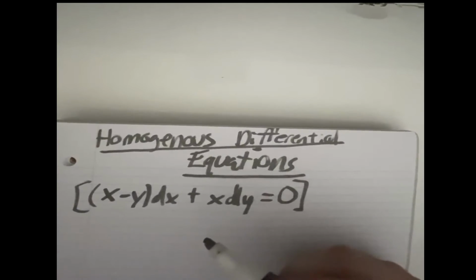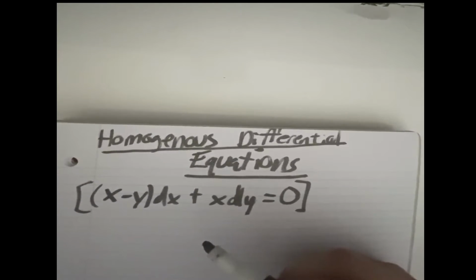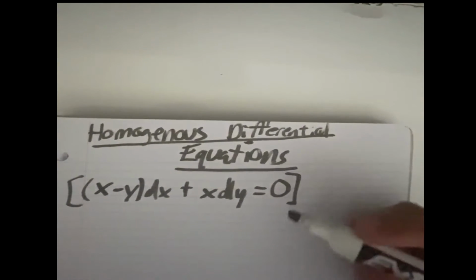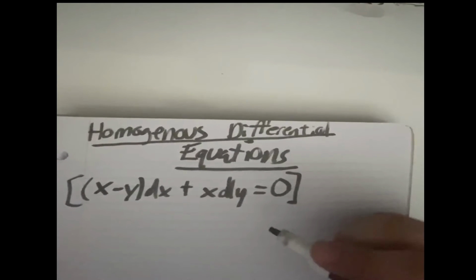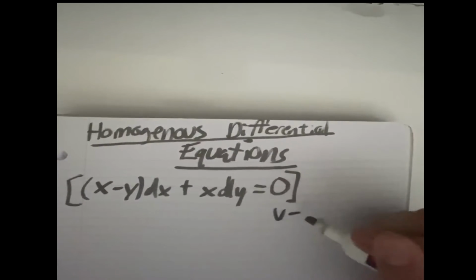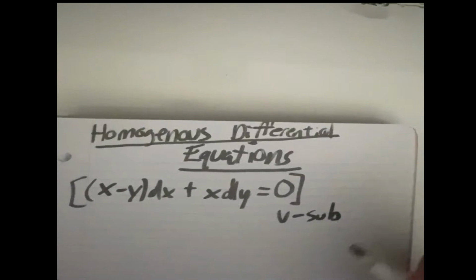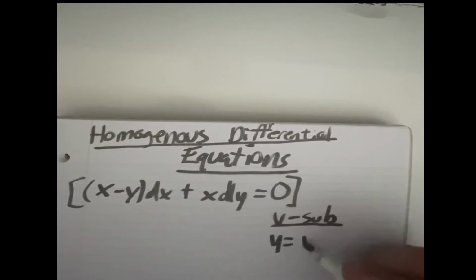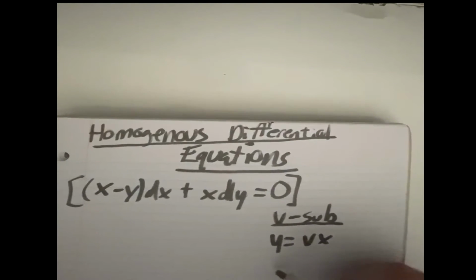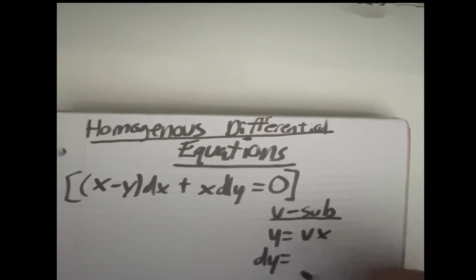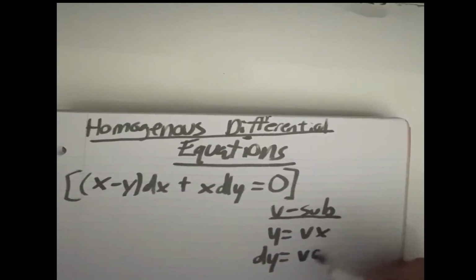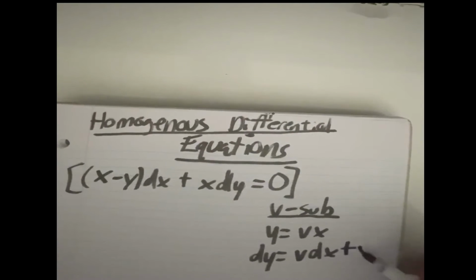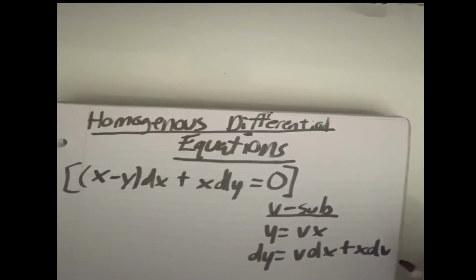And so without further ado, for homogeneous differential equations, it's good to apply a v substitution because it makes the problem a lot easier. So that's what we're going to go ahead and do. So our y is equal to vx, and the derivative of this, dy, applying the product rule, would be equal to v dx plus x dv.